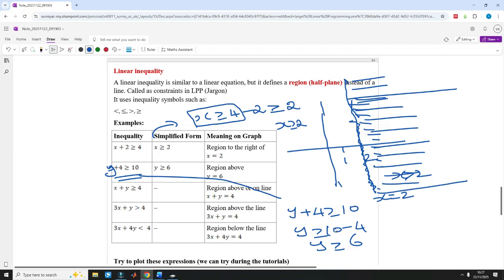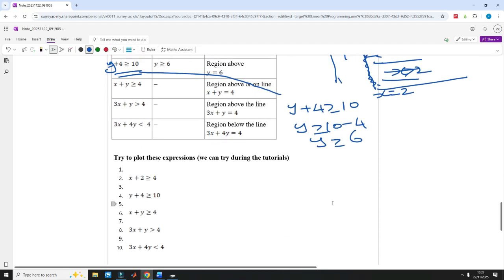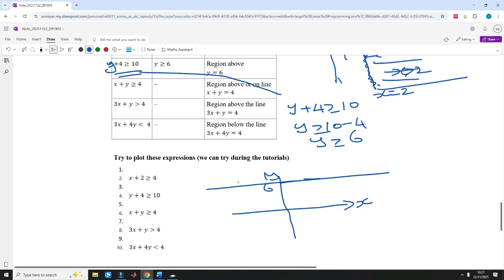If you plot this linear inequality on graph paper, let's say x-axis and y-axis, if this is point number 6, everything above this line, which is y equal to 6, this entire plane represents y greater than or equal to 6.